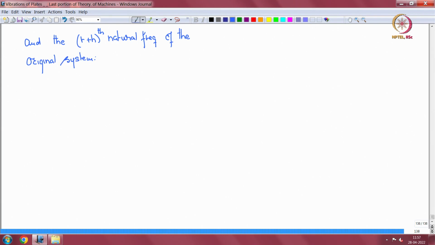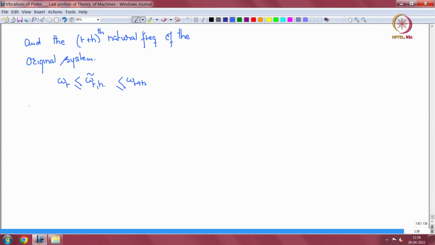Okay. So, what is it? This is the rth natural frequency of the original system, this is the r plus hth natural frequency of the original system, and they bound the new rth natural frequency with h constraints. Okay. So, what does it mean for us in terms of admissible functions? Okay.